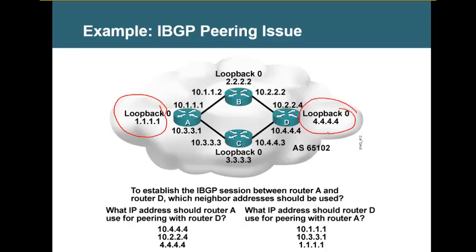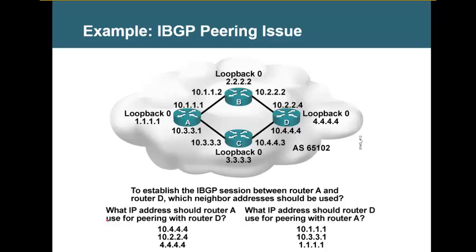When I go to A and say my neighbor is 4.4.4.4, I can form a neighbor this way. If this path goes down, I will still have a neighbor via this way. So the neighbor will be available even if only one path is available.